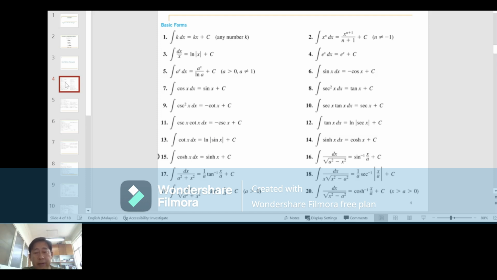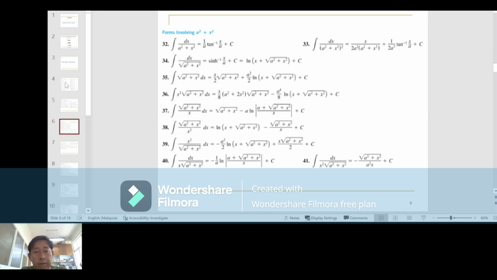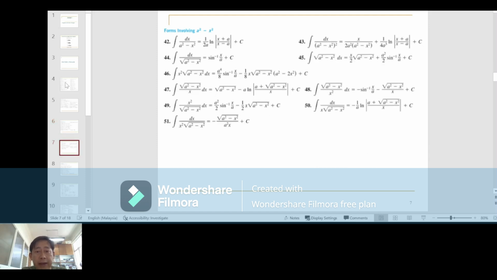Other than the basic forms of integrals that are listed in this slide, there are many other integral results that are not so easy to arrive at. It is not a usual practice in the teaching of calculus to derive all these integration results in detail, for the very simple reason that the number of possible integrations is almost infinite.